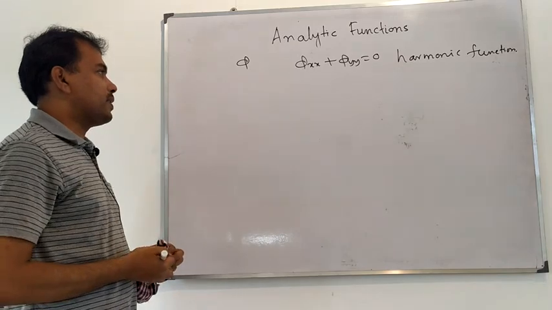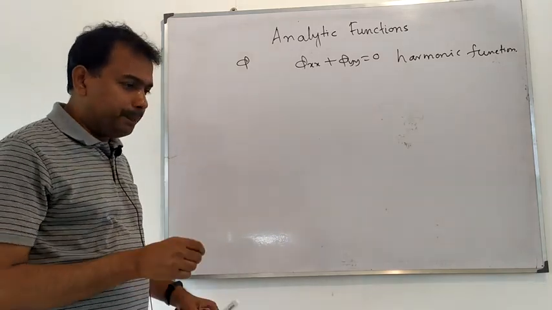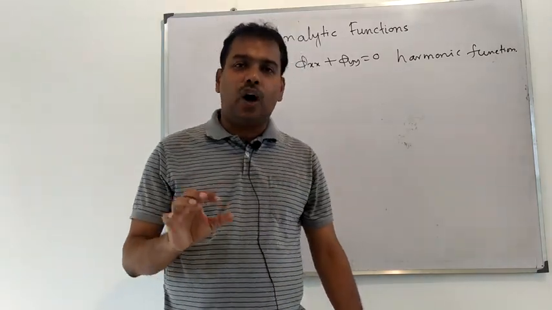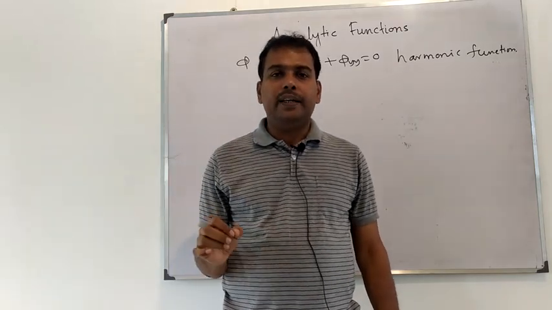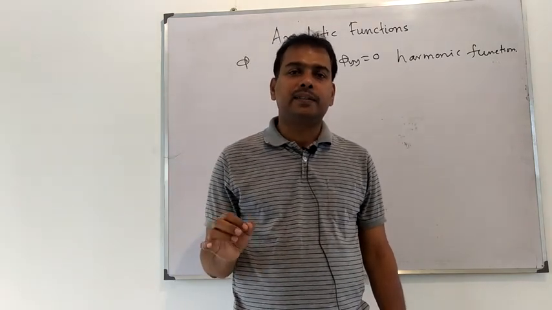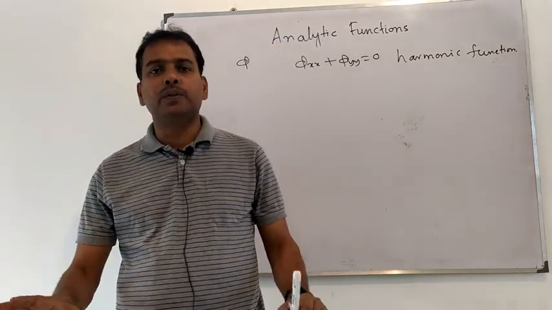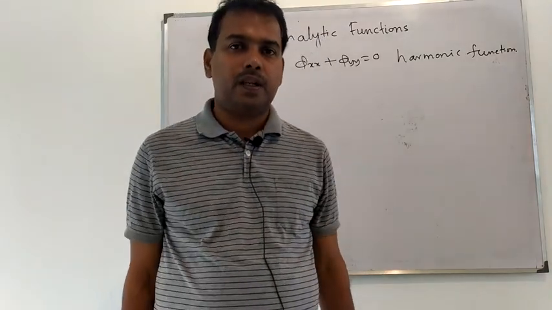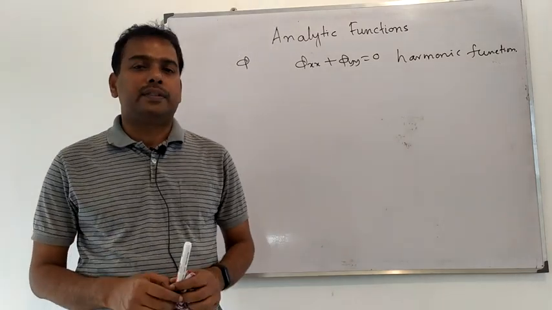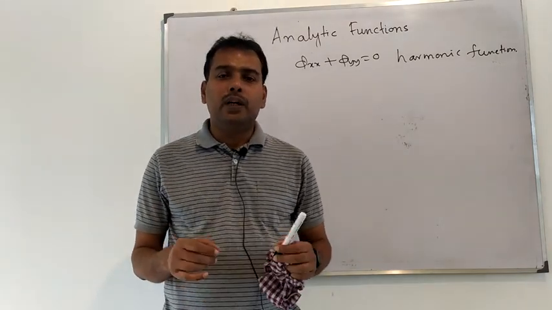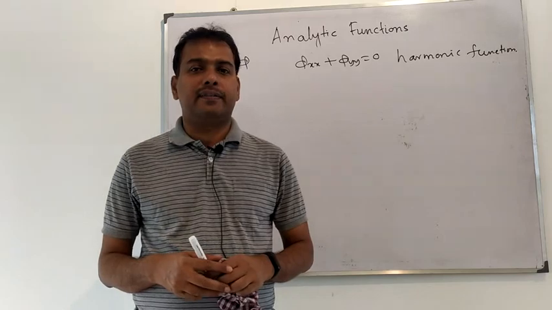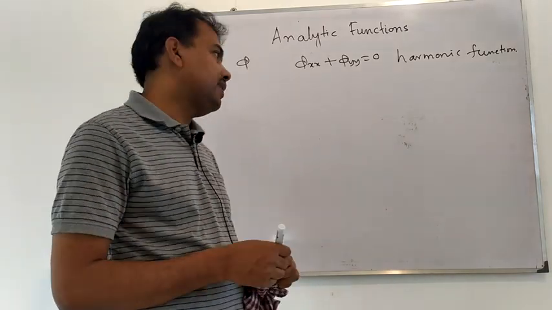We now show that if f is analytic on D, then both real part and imaginary part, that is u and v, are harmonic functions. To prove this result, we now use an important result. What is the result?